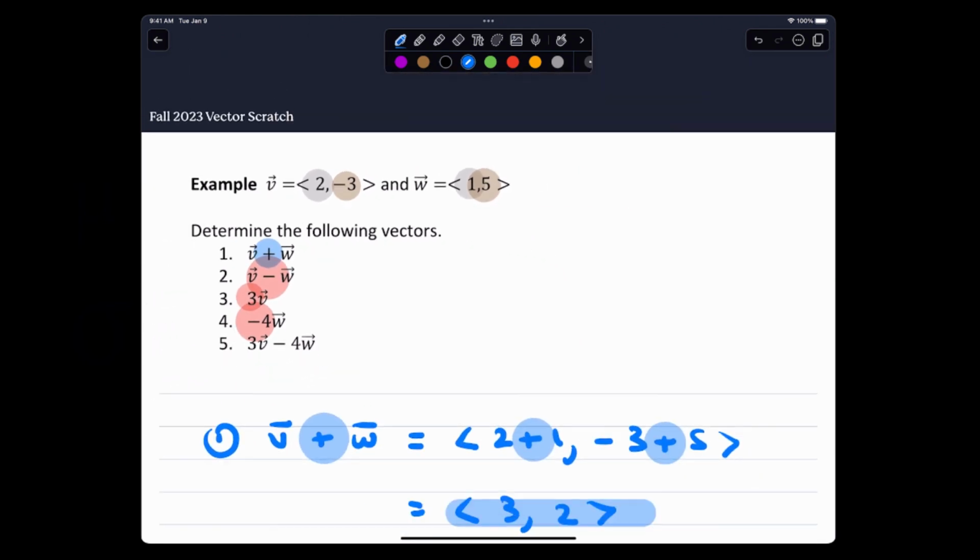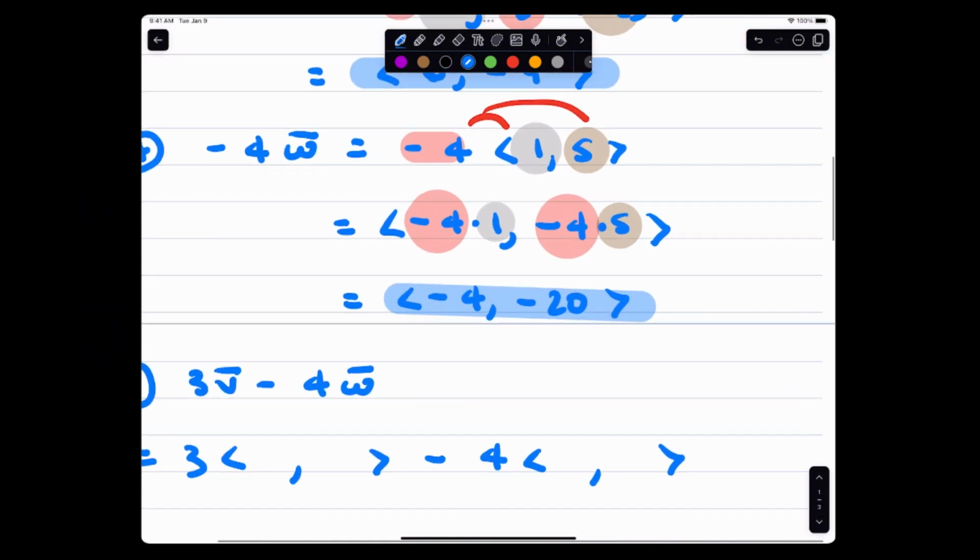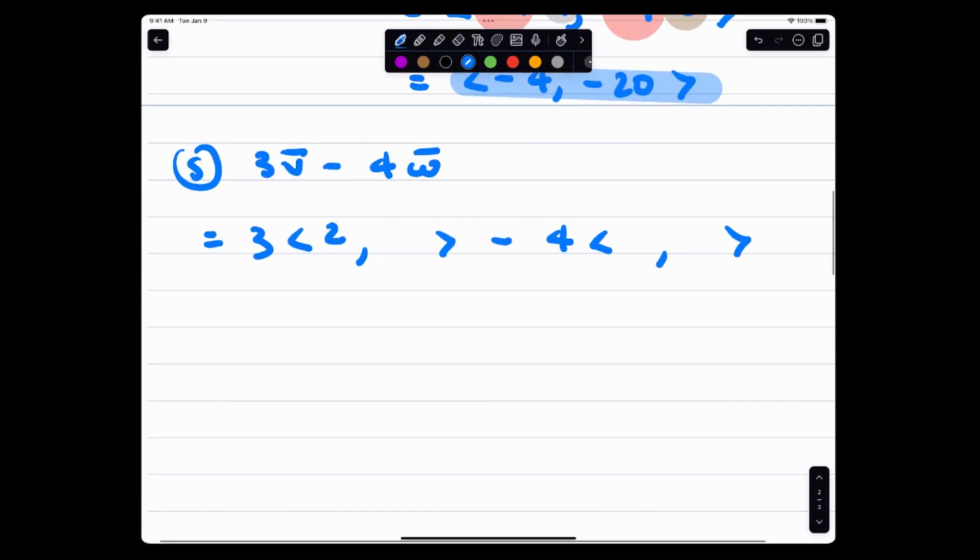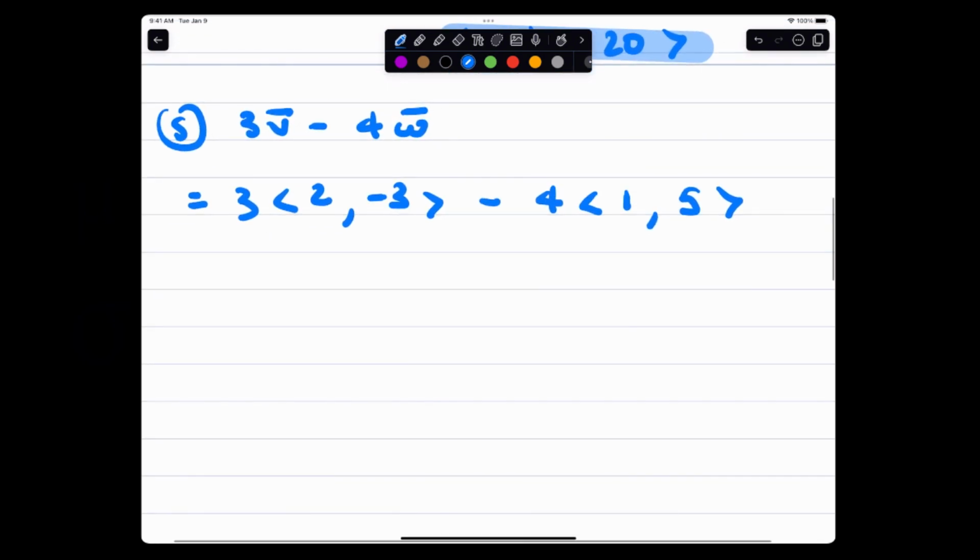So what you want to do is do your scalar multiplication with your vectors.